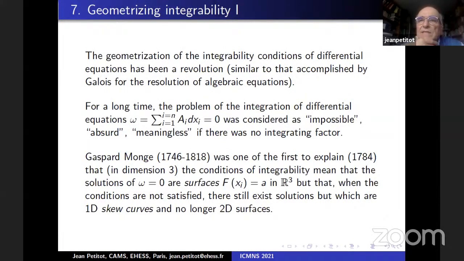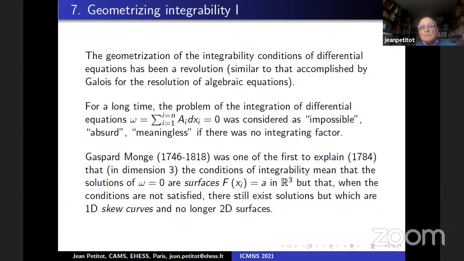The geometrization of the integrability conditions of differential equations has been a revolution very similar to that accomplished by Galois for the resolution of algebraic equations. For a long time, the problem of the integration of differential equations, such as the sum of a_i dx_i equals 0, was considered impossible, absurd, meaningless, as it was said at the time, if there was no integrating factor.